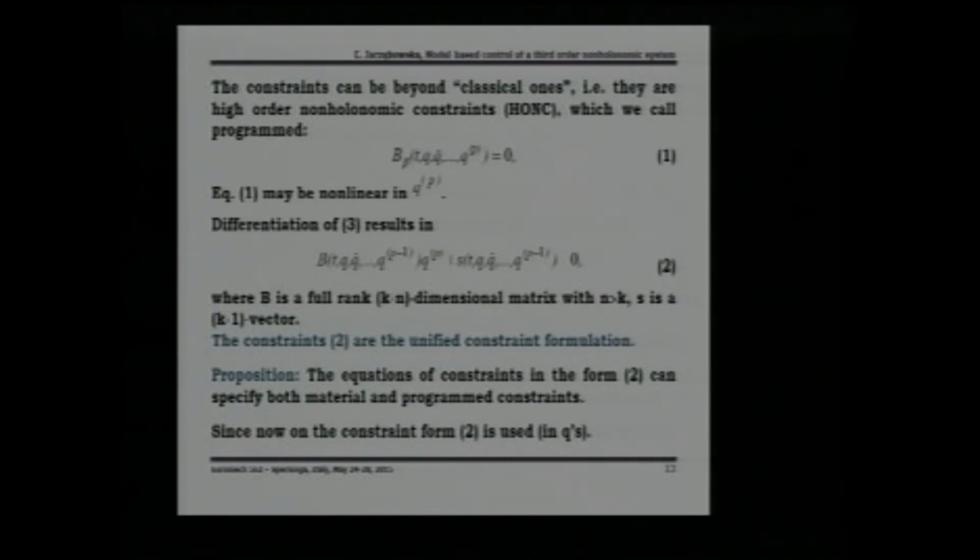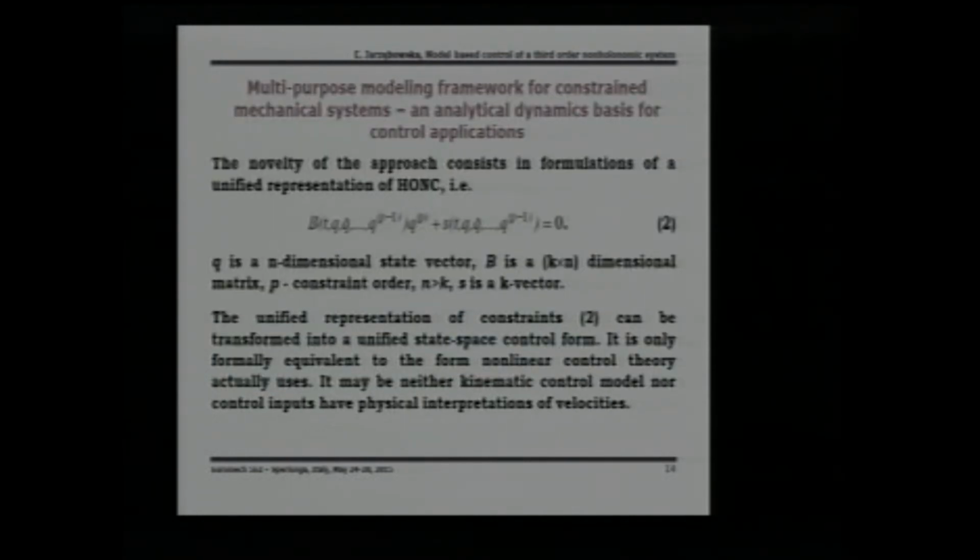For example, P equal to 2 is for the acceleration, P equal to 3 is for jerk. And once you have this unified constraint formulation, you may go to the multipurpose modeling framework.